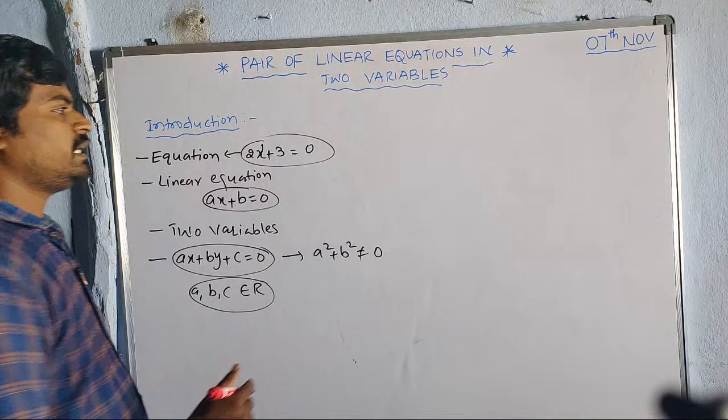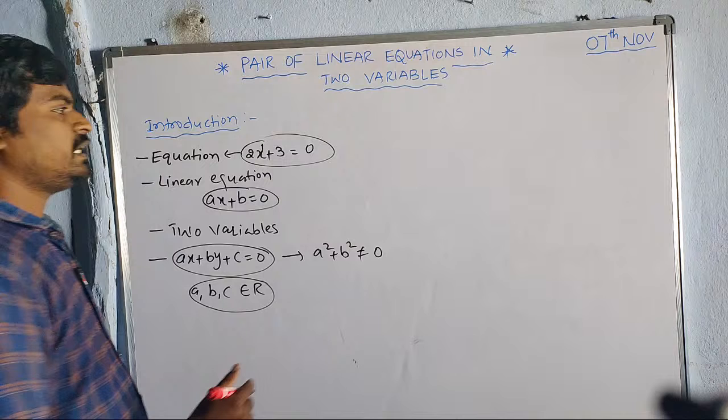Don't think about this. And one more point: a1, b1, a2, b2 are not equal to 0, because if anything is 0, the variable also becomes 0. That's why a1, b1, a2, b2 are not equal to 0. So this is the general form of the pair of linear equations in two variables.